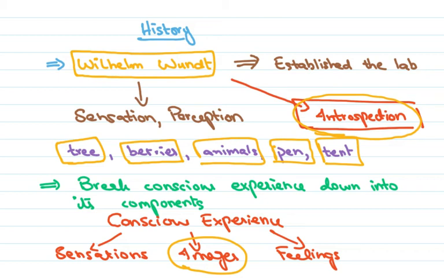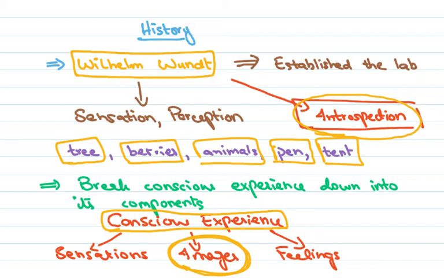And this was a problem because, according to Wundt, images were a very important component of any conscious experience. And when introspection was failing in this regard, there came up questions regarding, firstly, the introspective method, and then how correct Wundt was with regards to what the components of conscious experience are, right?